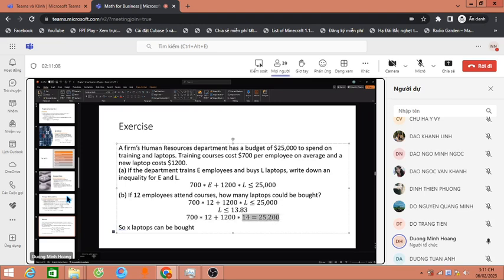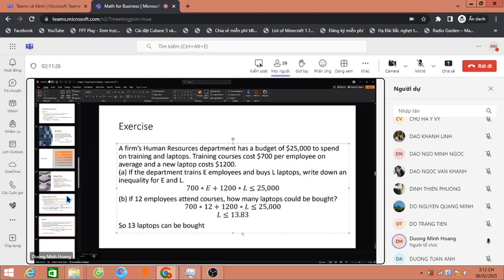This number already exceeds the budget over here, so 14 laptops is not possible. In this case, we have to round down, so you can only buy 13 laptops.